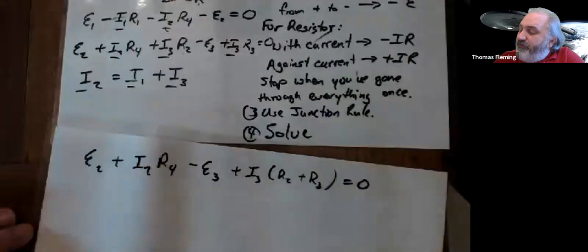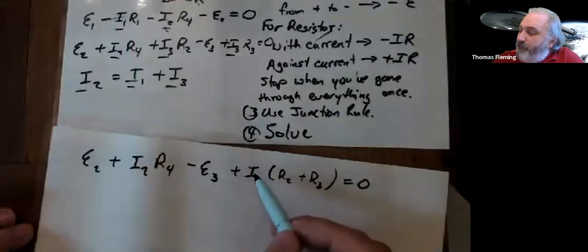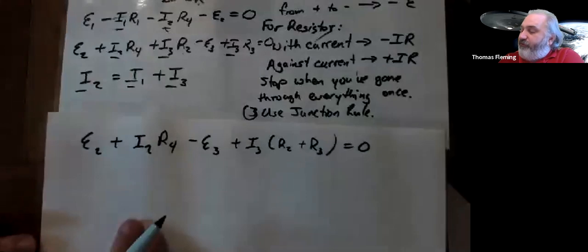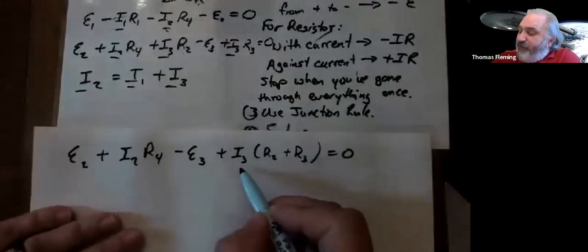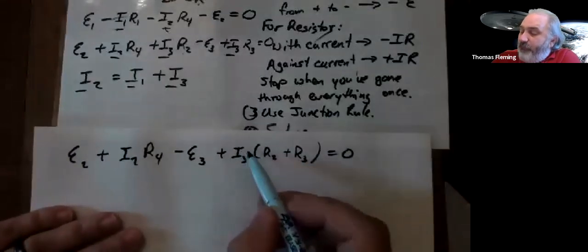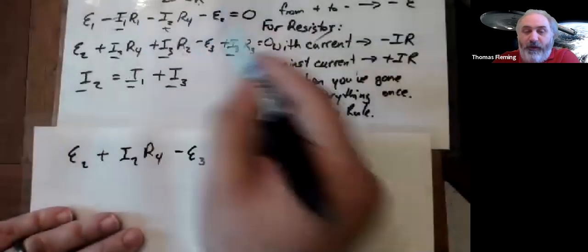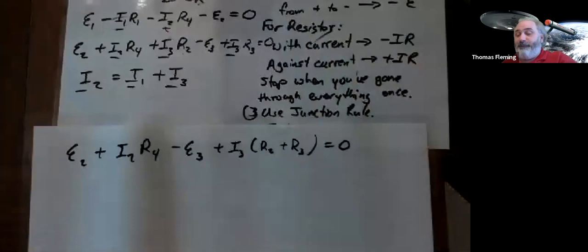Because the oddball out is not I2, it's I3. I3 appears here, but nowhere else. So, instead, let's do this. Let's get rid of I3. If I replace I3, I can replace it with I1 and I2. Then I'll have I1s and I2s everywhere, and I can combine them. So let's do it that way.